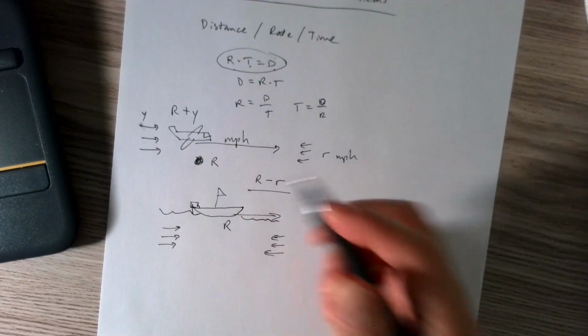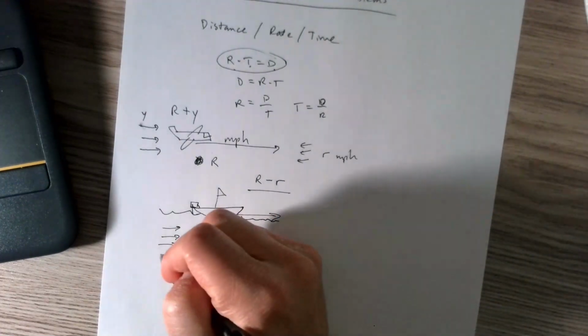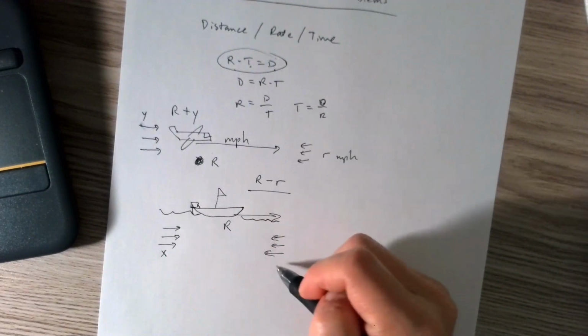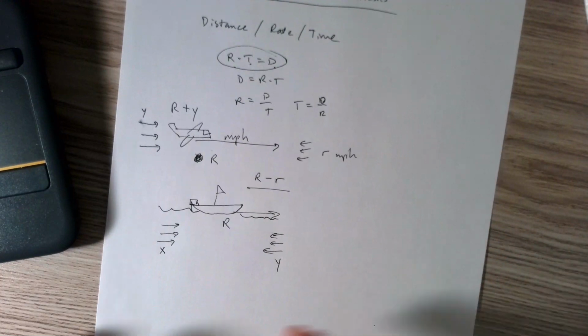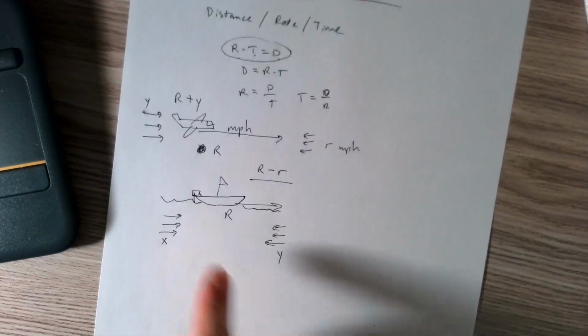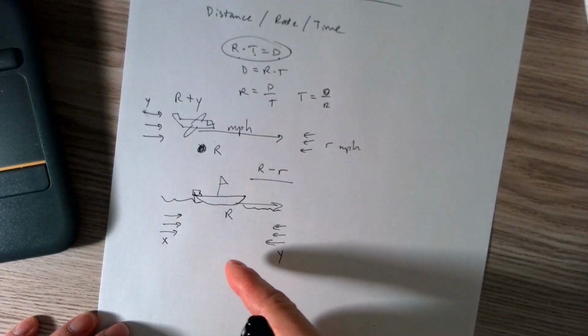So if the rate of the boat in still water is capital R, and I'll be smarter here, I'll use X for this current and Y for this current. So just imagine there are two situations, one when the boat is going downstream, one when the boat is going upstream.